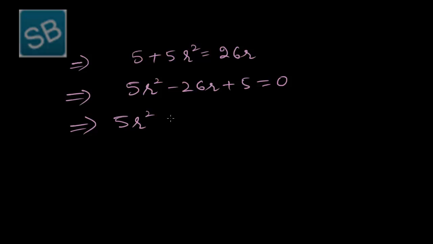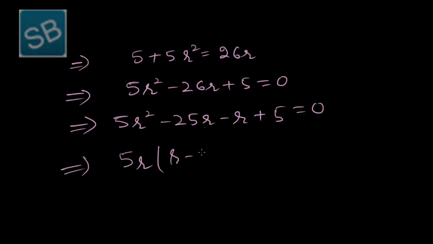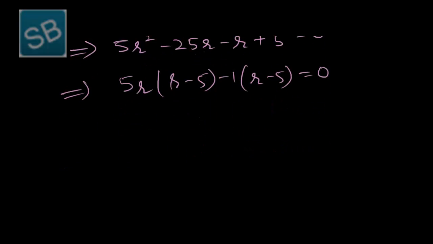That gives 5r² - 25r - r + 5 = 0. These are the factors. On multiplication we get +25r², that is 5 into 5r², that is fulfilled, and on adding we get -26r, that is also fulfilled. So 5r is common in the first two terms, and -1 is common in the last two, leaving (r - 5).